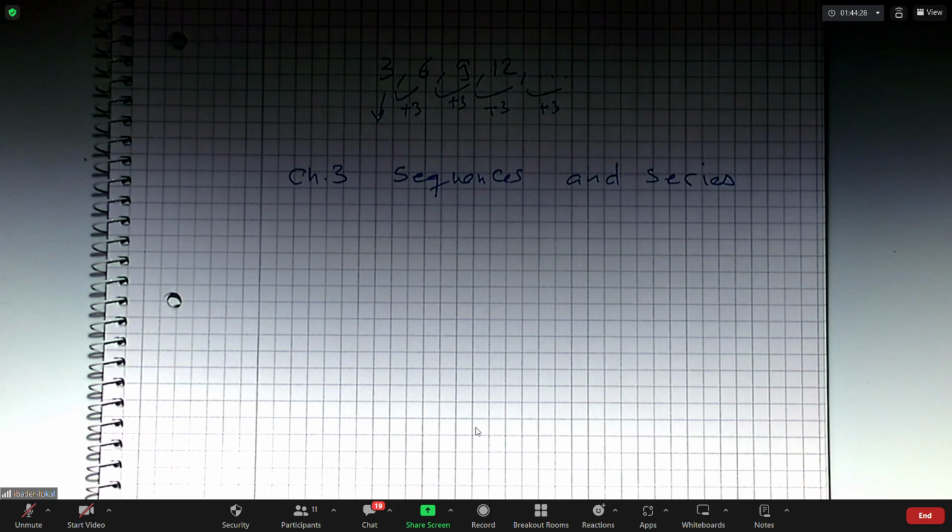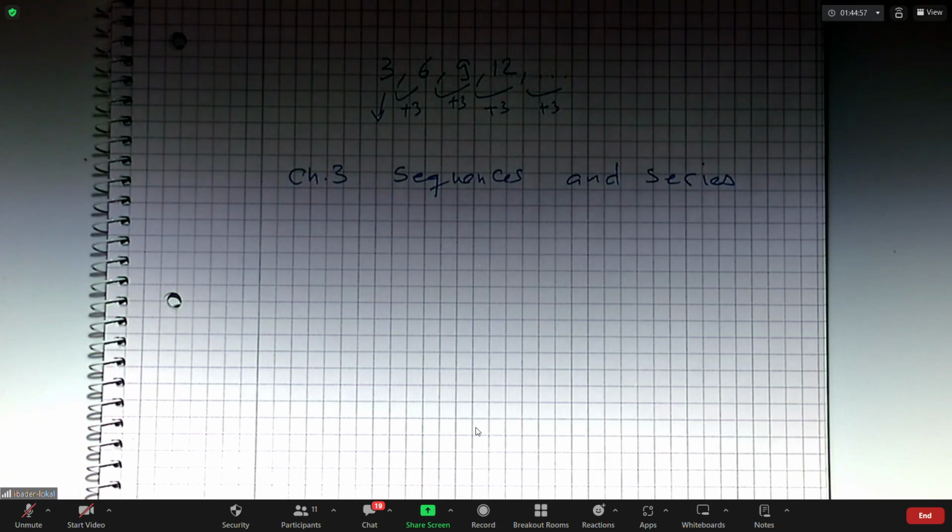So usually a sequence, as we will see shortly, can be looked at as a mapping between the natural numbers or the non-negative integers, and the real numbers.